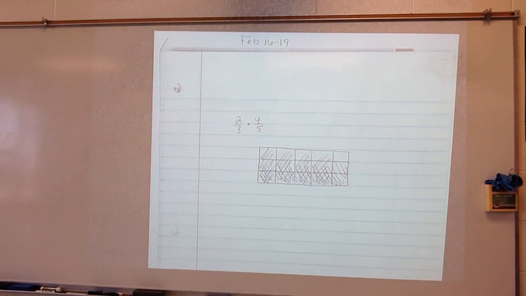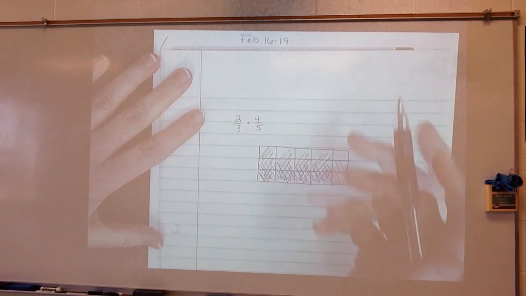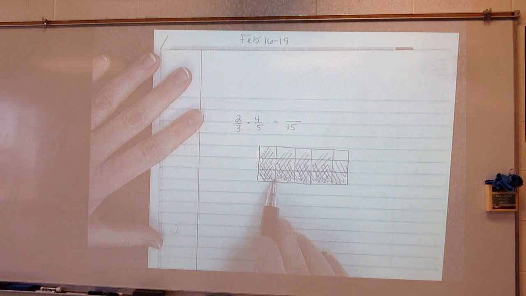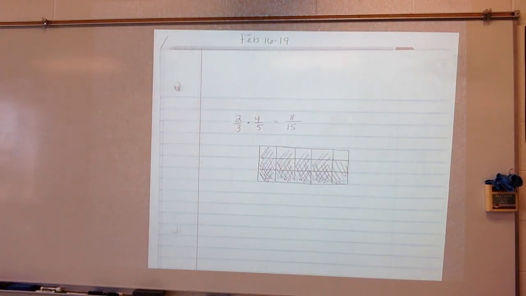And the area that is shaded for both parts would be the answer to our question. So how many do we have? We have 5, 10, 15. And how many are shaded twice? 2, 4, 6, 8 of those. So we would have 8/15.